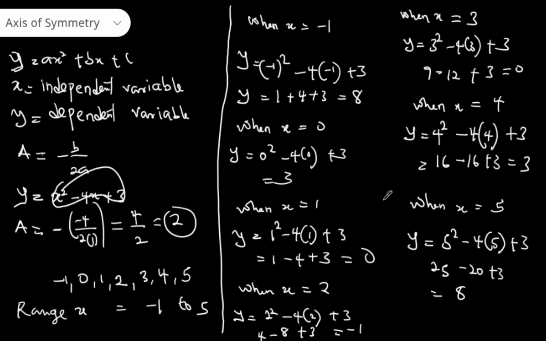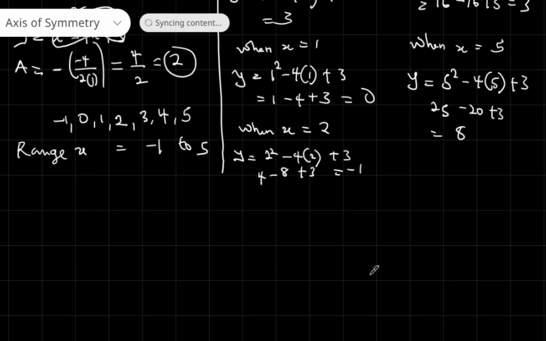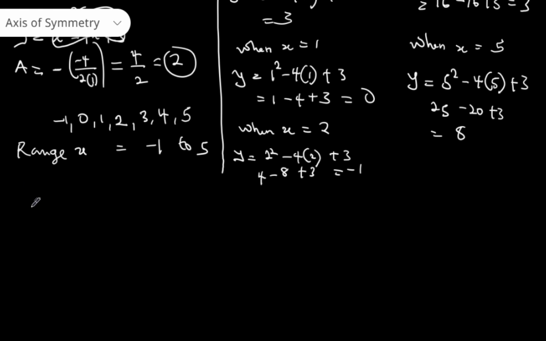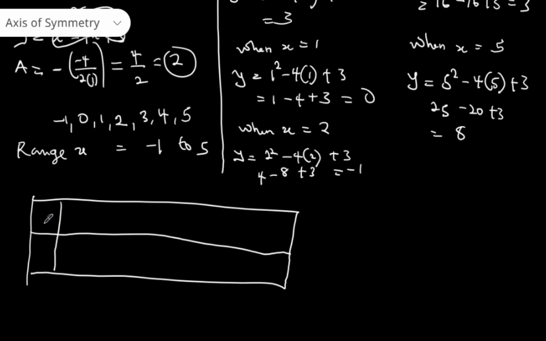You see, at this point, we can now plot our graph, right? We have the values of x and y. So we have this. This is x, this is y.